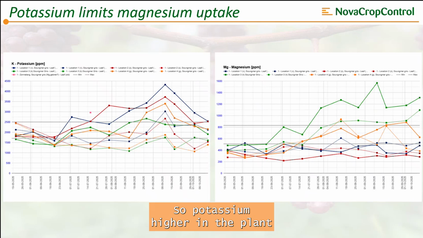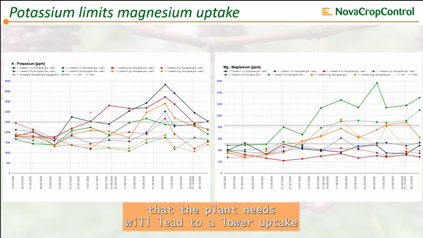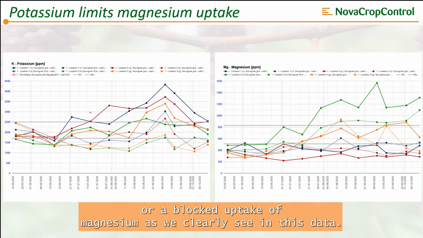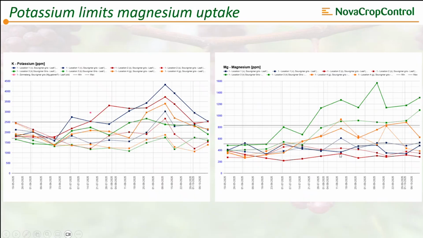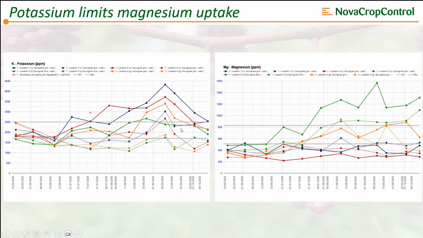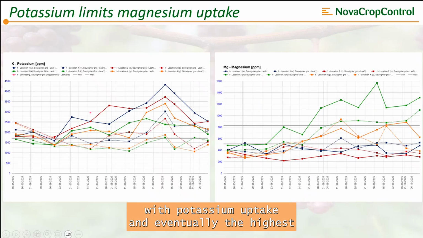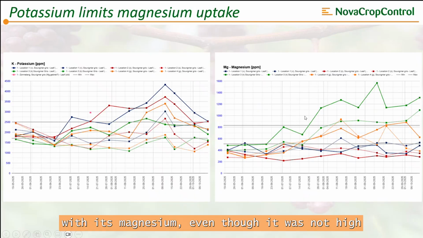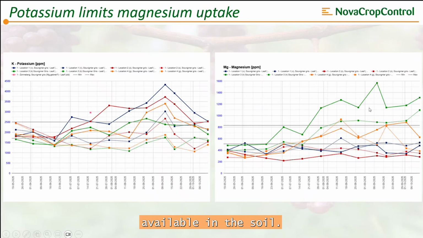Potassium higher in the plant, or that the plant needs, will lead to a lower or even blocked uptake of magnesium, as we clearly see in this data. The green line was one of the lowest in potassium uptake, and eventually the highest in magnesium, even though it was not highly available in the soil.